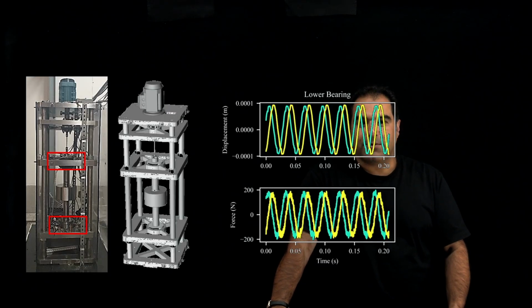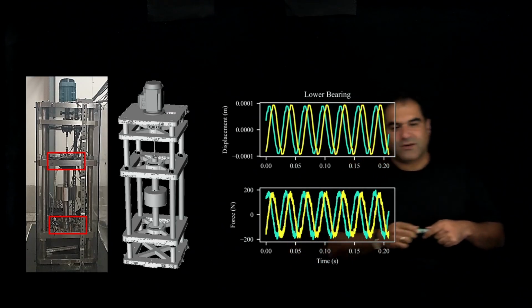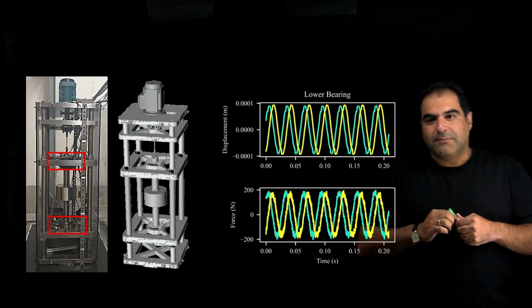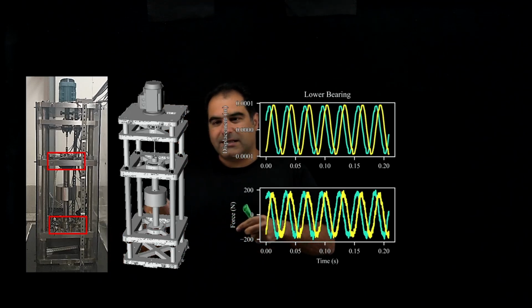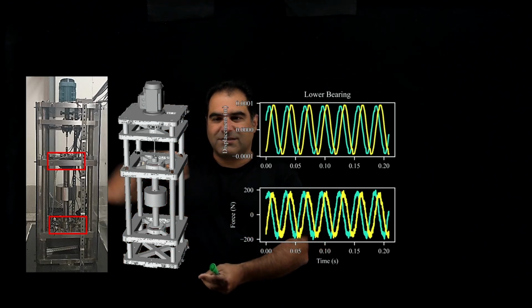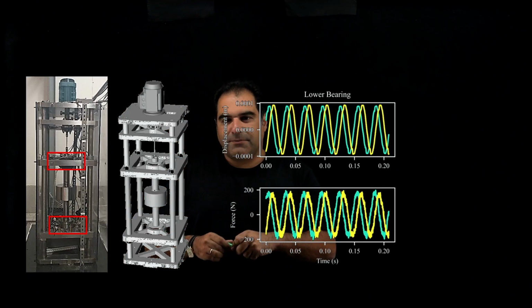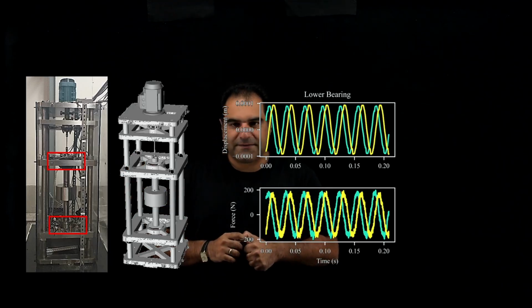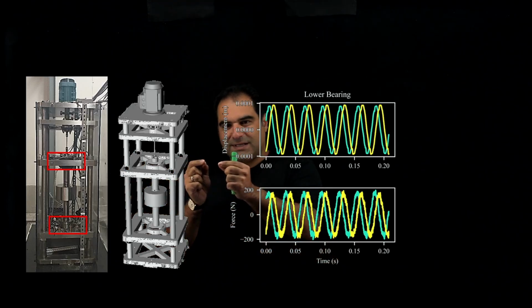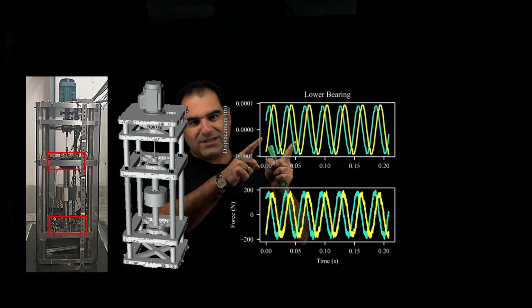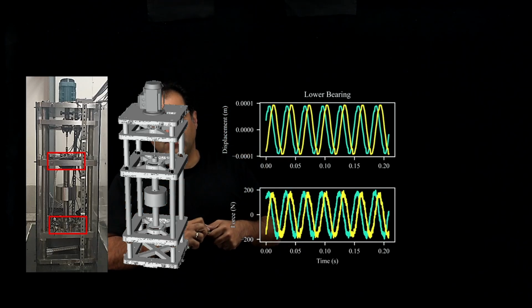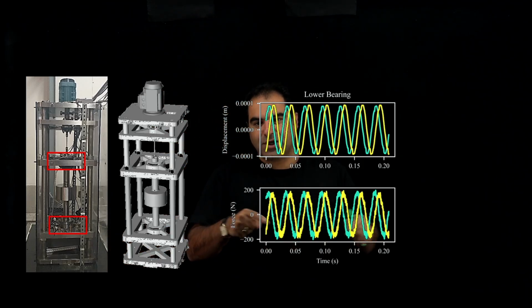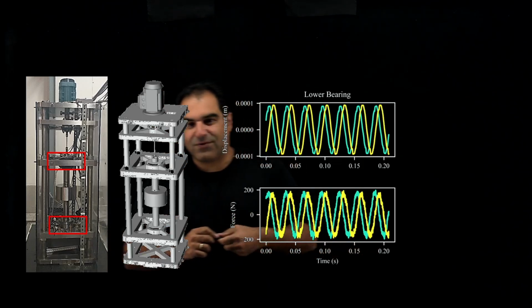We decided to collaborate with the Vattenfall Research and Development Center in Sweden, because they had a vertical axis shaft here. This is a 1 meter shaft. They had the rigid shaft installed with a motor to rotate it, and they installed the vibration sensors to measure the displacement. For example, I'm showing the displacement of vibration in the lower bearing. At the same time, they measured the reaction force of the bearings.